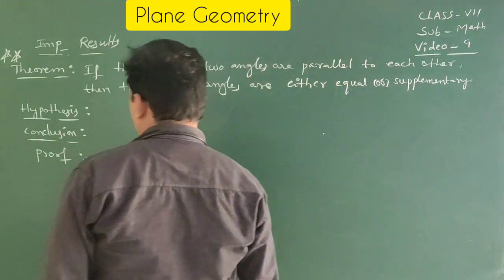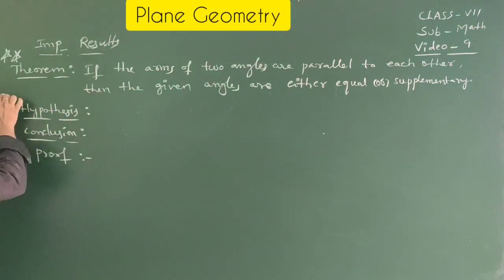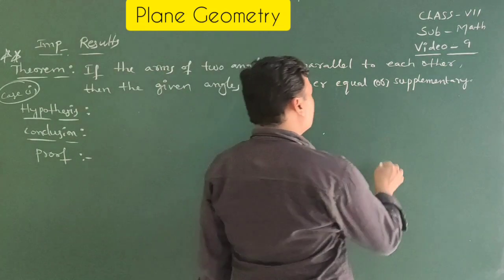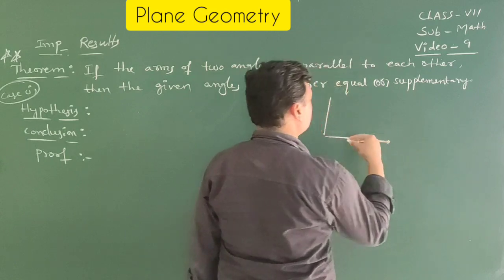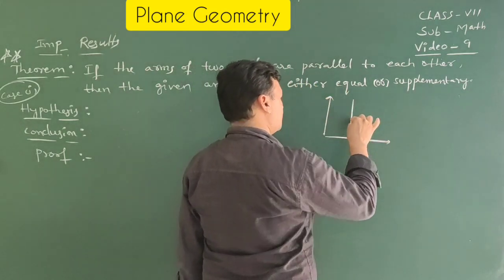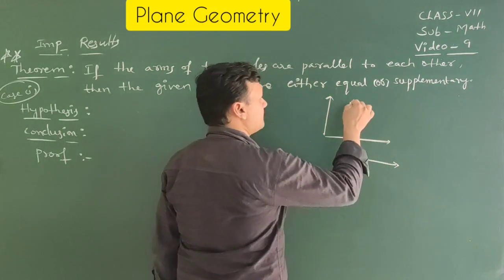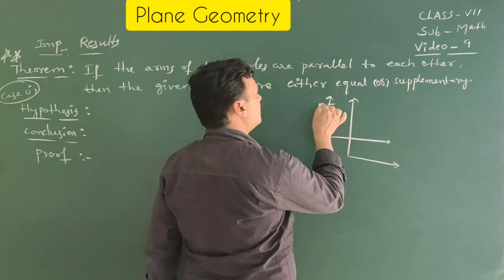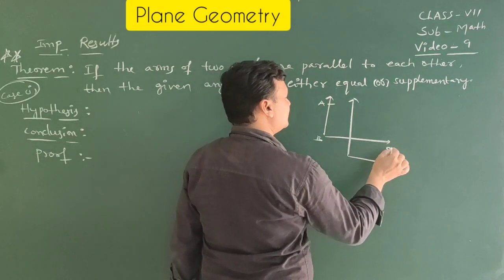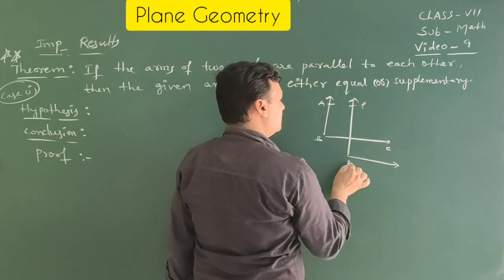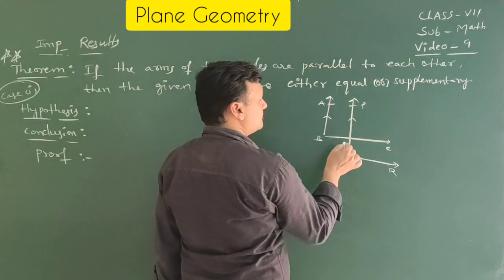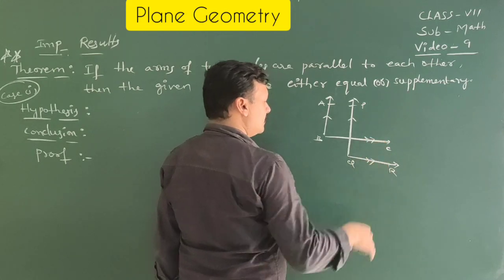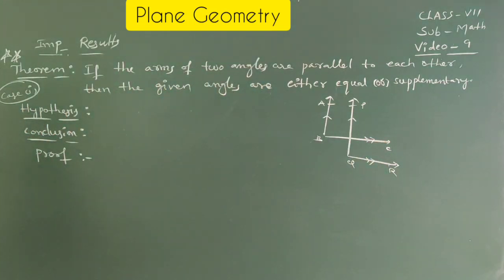In case 1, I am taking the equal case. Here A, B, C and P, Q, R. These are the symbols for parallel lines.